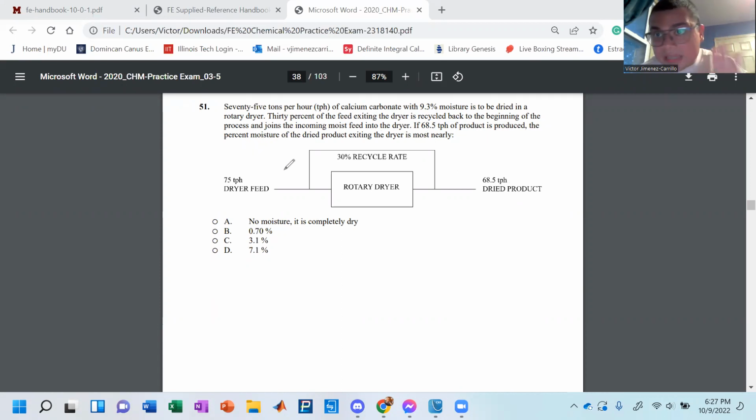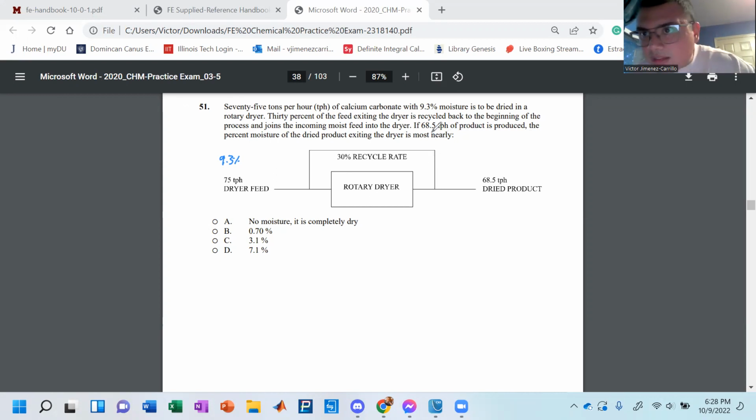Okay, there's a couple things that are important. Coming into your system, there's the 75 tons per hour, and its moisture percentage is 9.3. That's how much of it is wet. Coming out of the system, this product is, quote unquote, dry. It's asking, what is the moisture percent of the dried product coming out of the reactor? Well, that's easy. Everything in the middle here is to throw your game off.